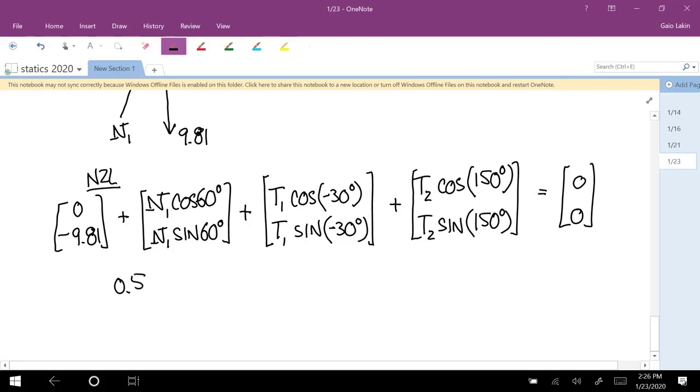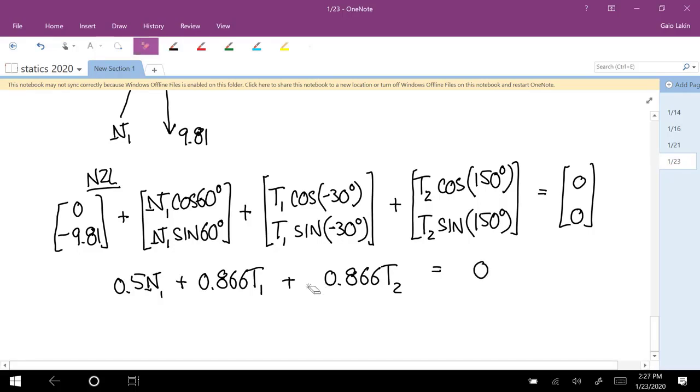So we have 0.5 N1 plus 0.866 T1 plus negative 0.866 T2 is equal to 0.